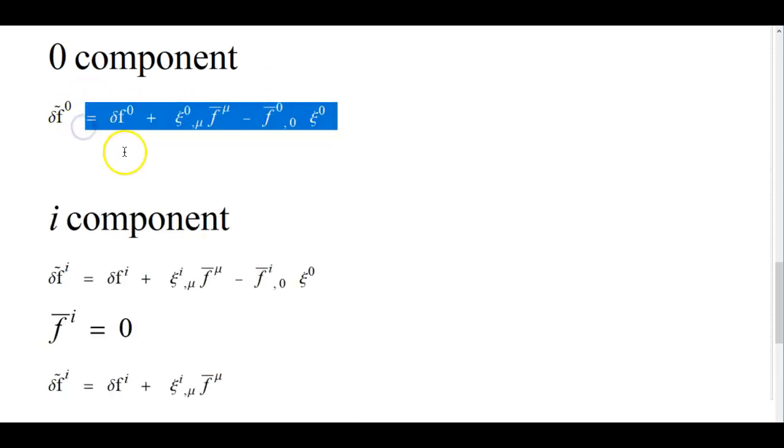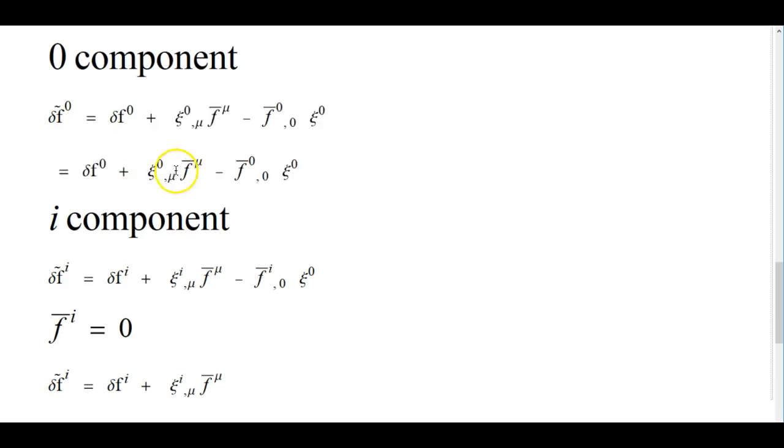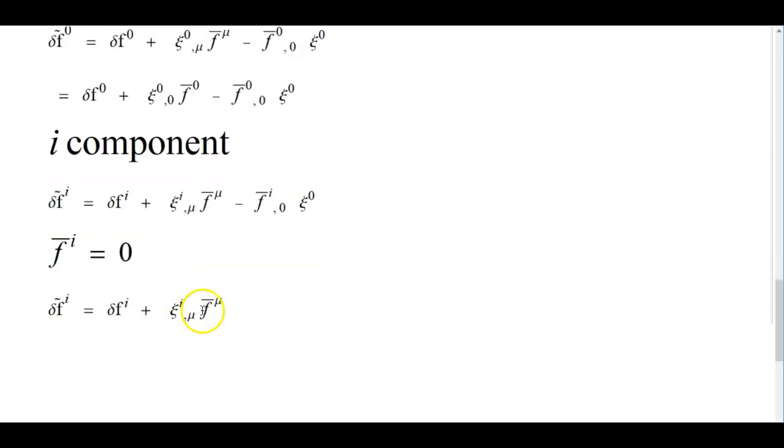So this can be simplified like this. Only the 0 component survives. And here also, when mu contracts, only the 0 component survives. So this can also go one step further. The I component disappears.